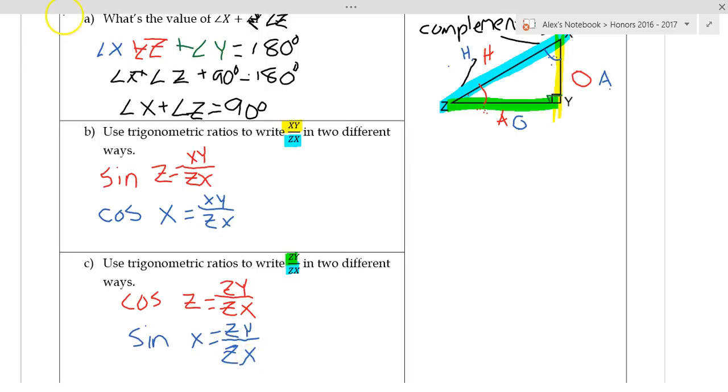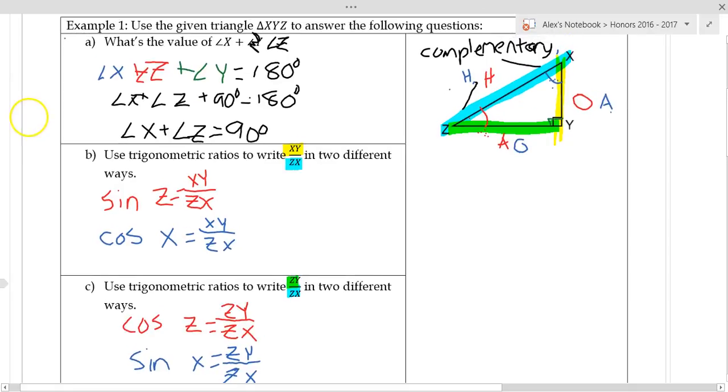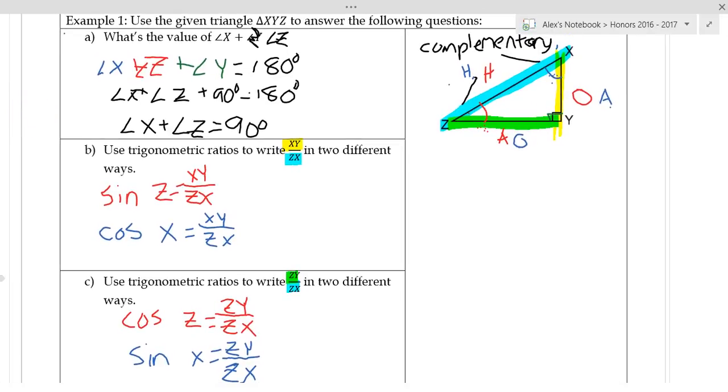Pretty much what we have found so far is in this right triangle, the sine of Z is equal to the cosine of X, and the cosine of Z is equal to the sine of X. So those opposite things are equal.